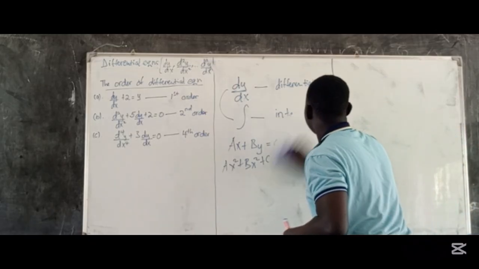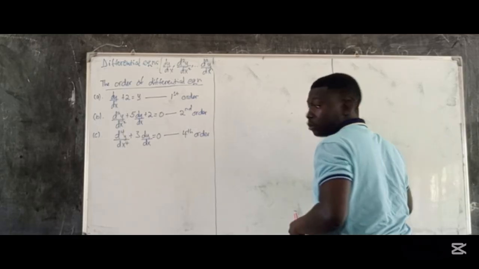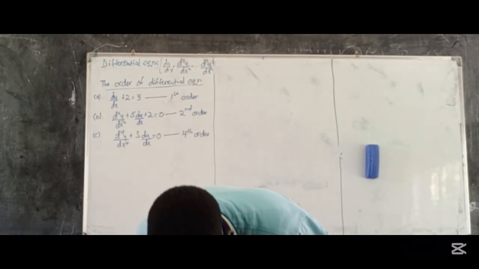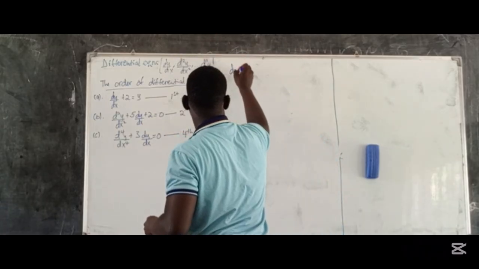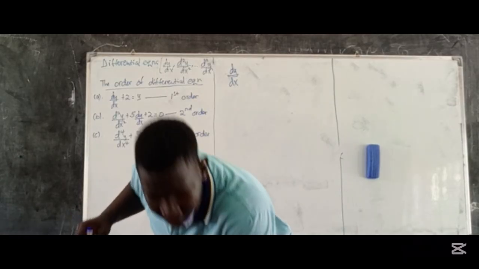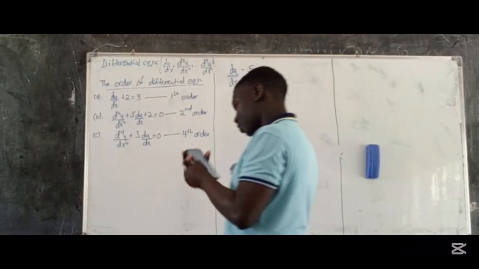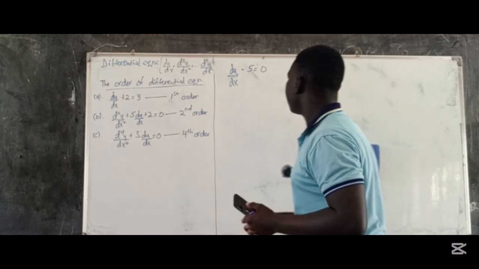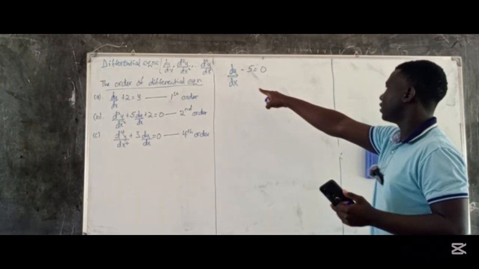I would like for us to go straight to work. We are going to have one of our first examples here, and we are going to be solving the differential equation. I have dy/dx minus 5 equals 0. Well, now we have been given a differential equation.